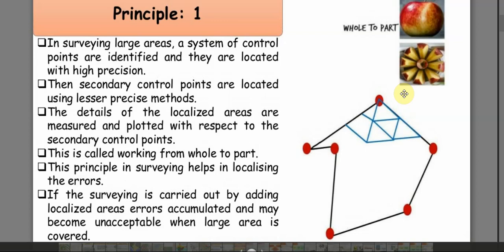When you are working from part to whole, the error will be magnified, whereas when you are working from whole to part, the error will be minimized. First, the primary control points are drawn, then the secondary control points are located, which are of lesser importance, and then they are drawn, and finally the tertiary control points are drawn.